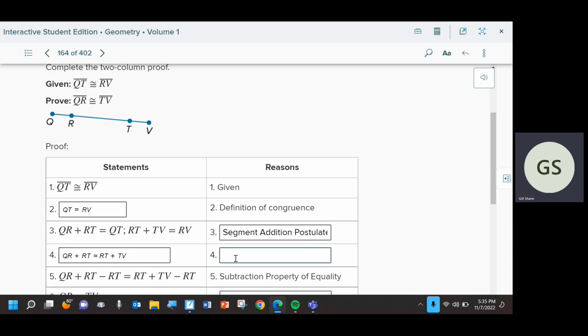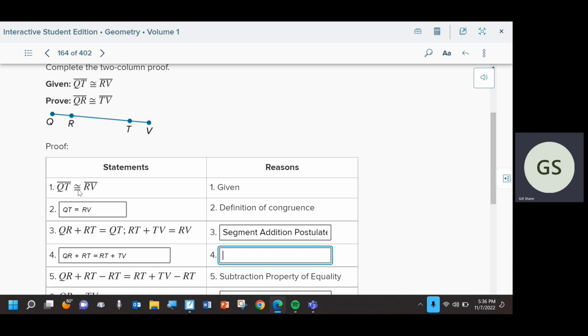What the reason is, and I emphasize this a lot in class, I'm not going to do it as much on the video. Substitution is going to be used in a whole bunch of proofs. It may not be used in every single proof, but it's going to be used in a lot of them. Especially anytime we have a bunch of equal signs. We got a congruent sign, we got an equal sign.